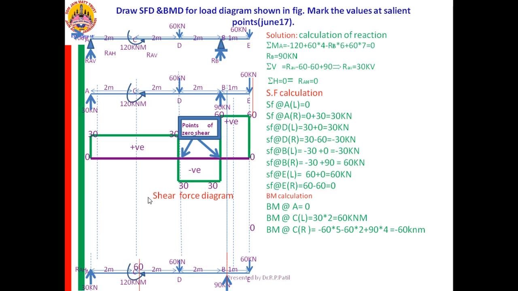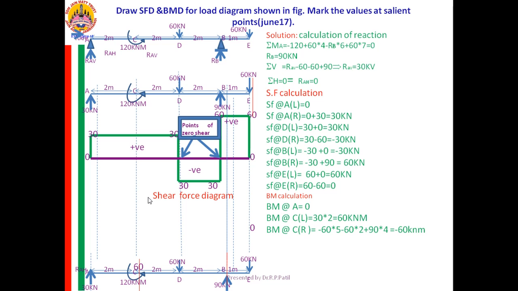Imagine that I am finding the bending moment at C at right, but I am taking the left part for the calculation. Whether the couple is to be included in my calculation or not?